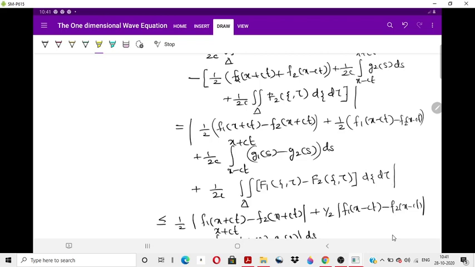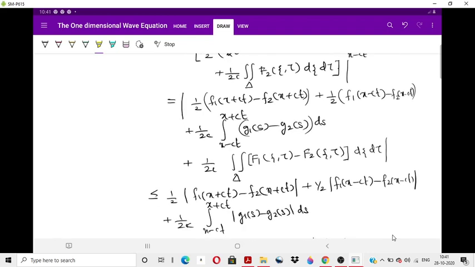Now we apply the triangle inequality for these four terms. So this will be less than or equal to 1/2 into mod of f1(x+ct) minus f2(x+ct) plus 1/2 into mod of f1(x-ct) minus f2(x-ct) plus 1/(2c) modulus of integral. That will be again less than or equal to the integral of the modulus of the function.